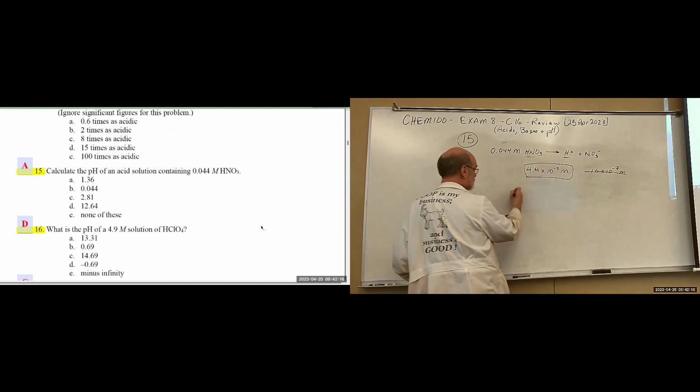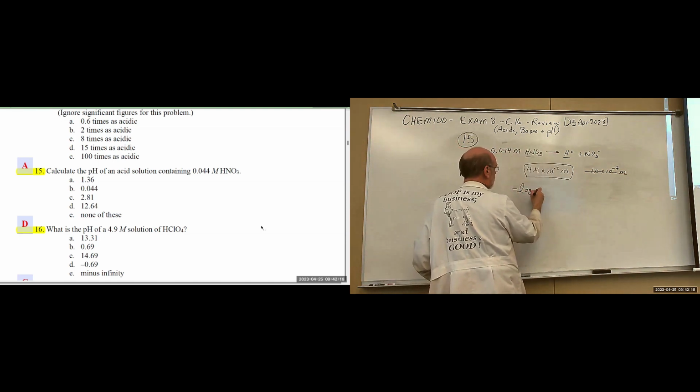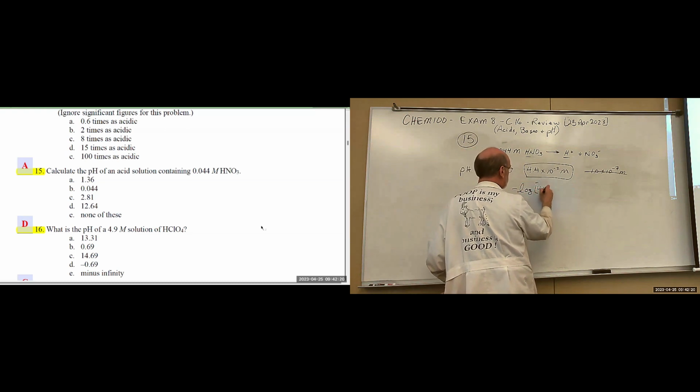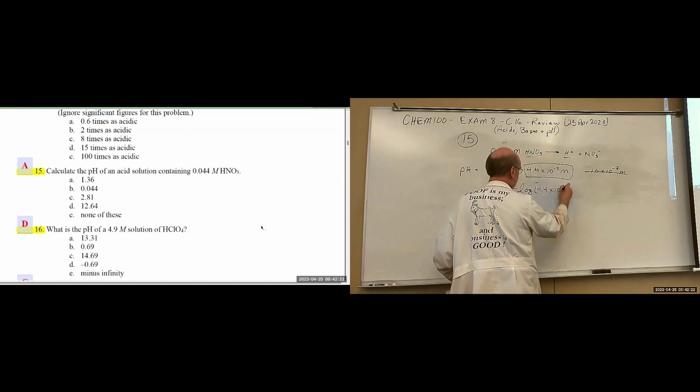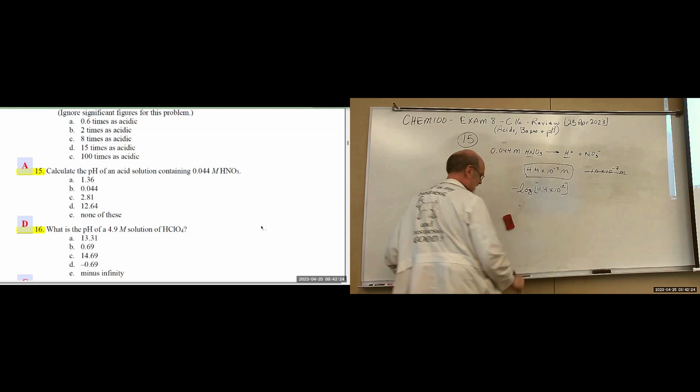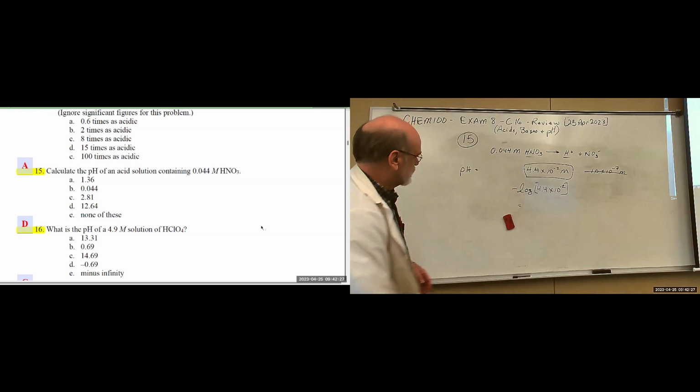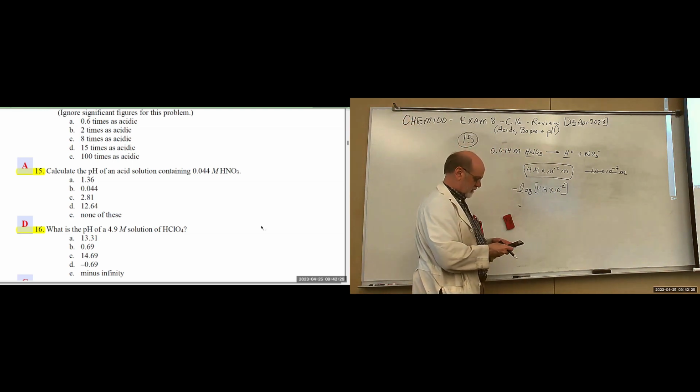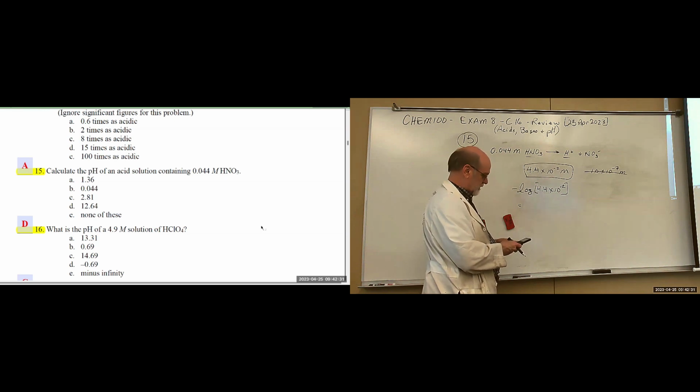So what we need to do is take the negative log of this value. All right. That should be fairly simple. 4.4 with an exponent of -2. And then take the log of that and change the sign.